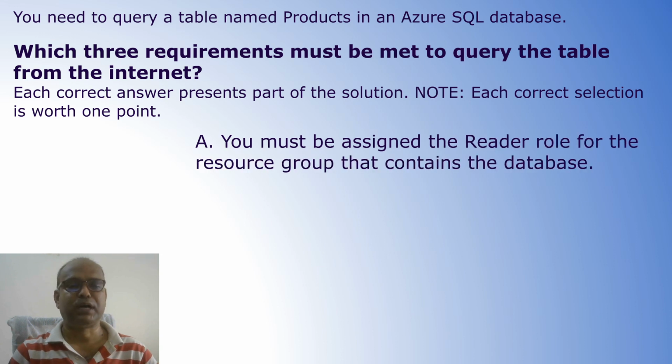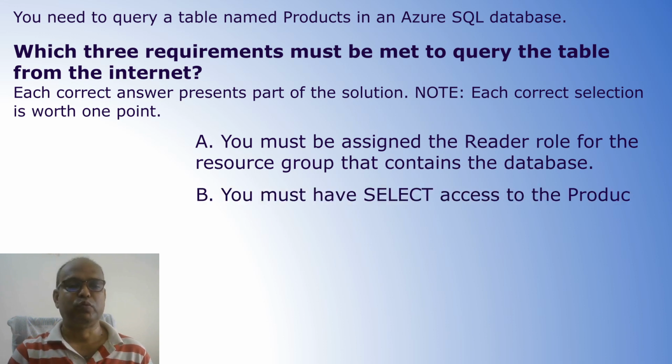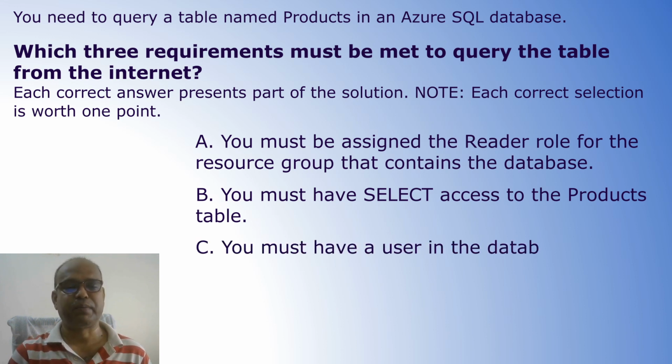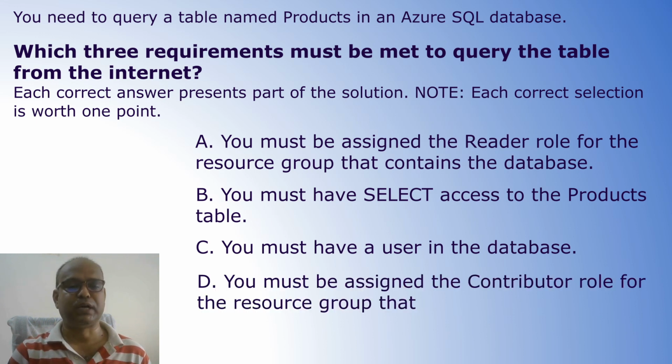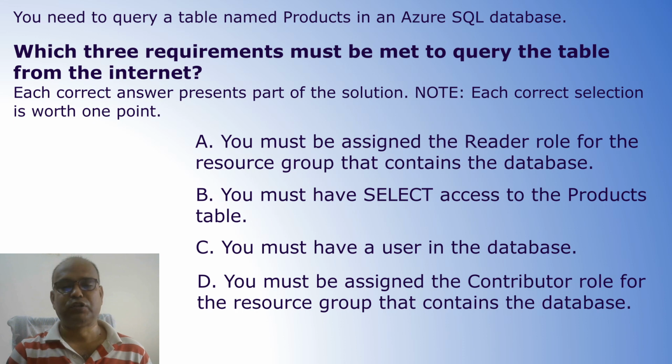Option A. You must be assigned the reader role for the resource group that contains the database. Option B. You must have select access to the products table. Option C. You must have a user in the database. Option D. You must be assigned the contributor role for the resource group that contains the database.